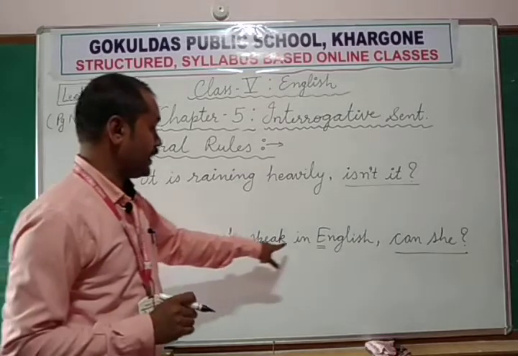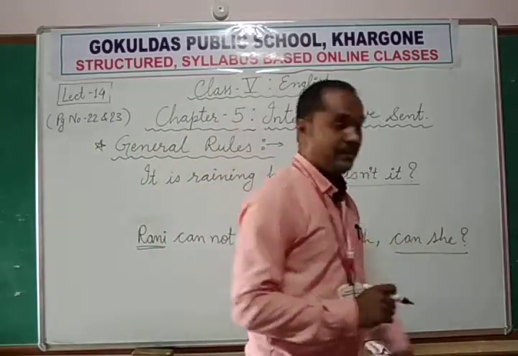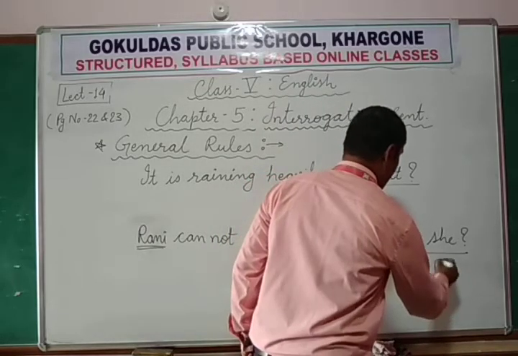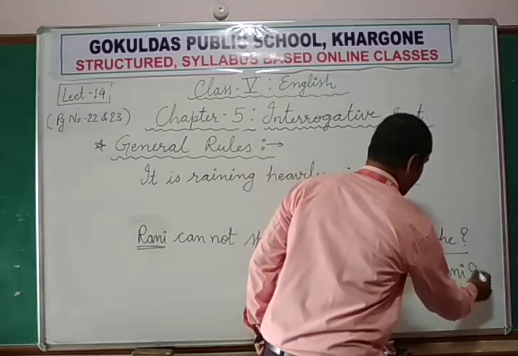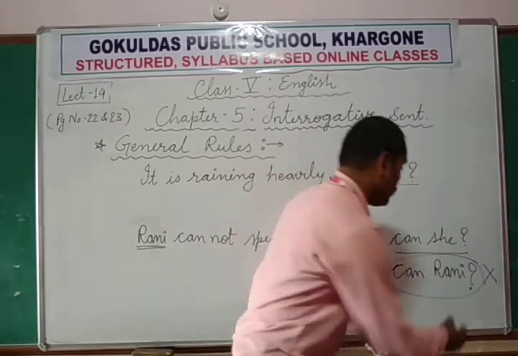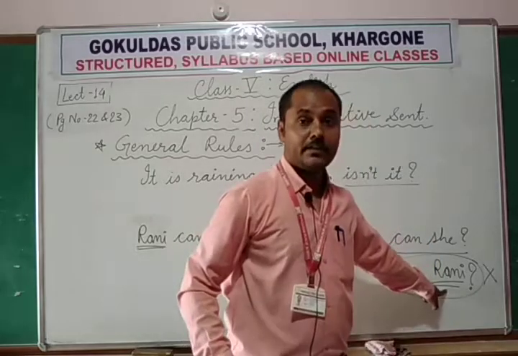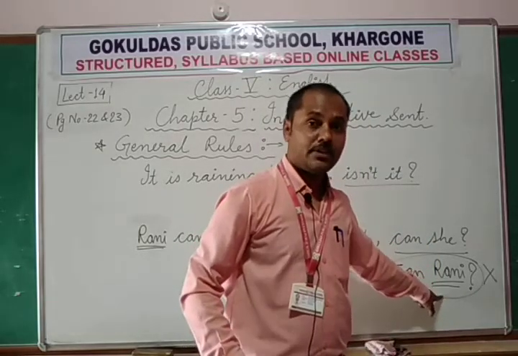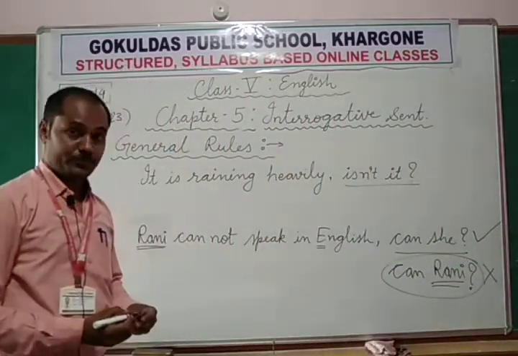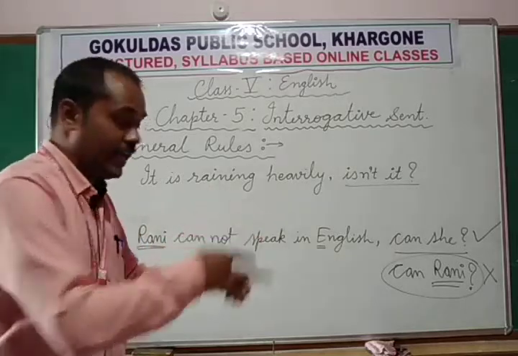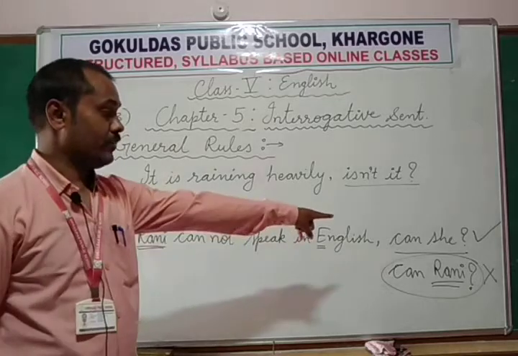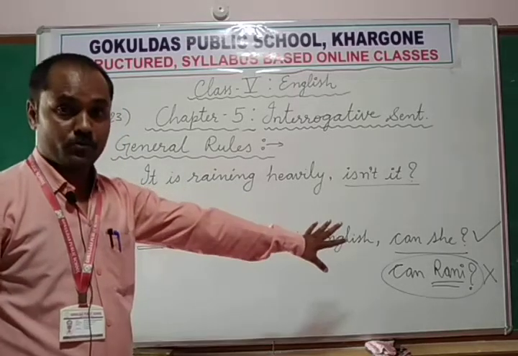Rani cannot speak in English. Can Rani? That is wrong. Can Rani? This cannot be used. It means we cannot use the noun Rani here. In place of Rani, we can use she. We can use a pronoun. Can she? That is correct. But can Rani? That is wrong.